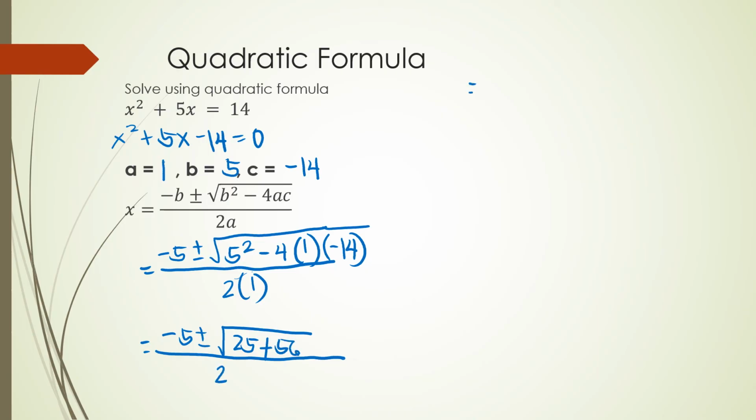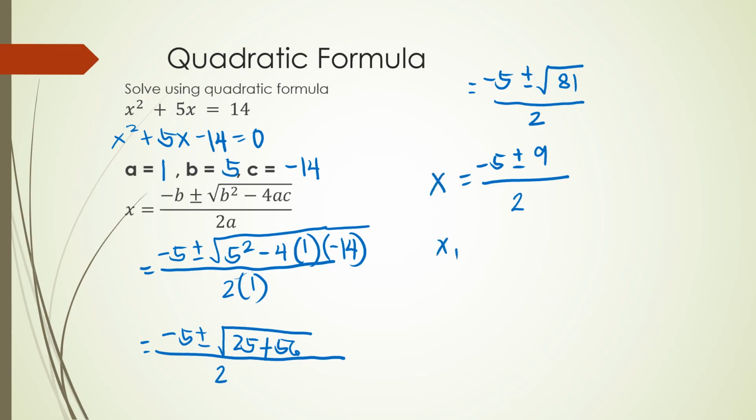So you have negative 5 plus minus the square root of 81 over 2. So for negative 5 plus minus square root of 81, that is 9 over 2. Separate this, so this is the value of x. So get the value of x sub 1 and then the value of x sub 2.